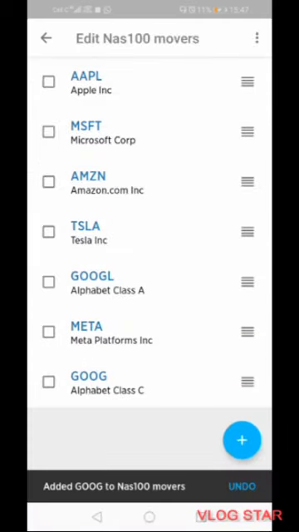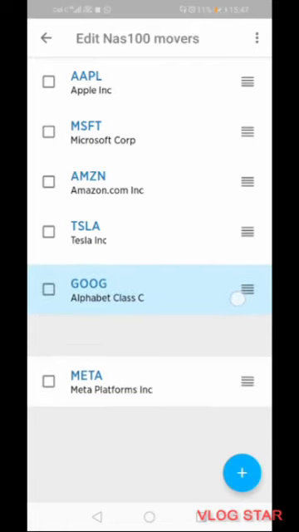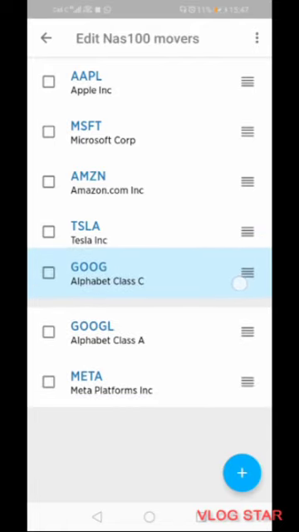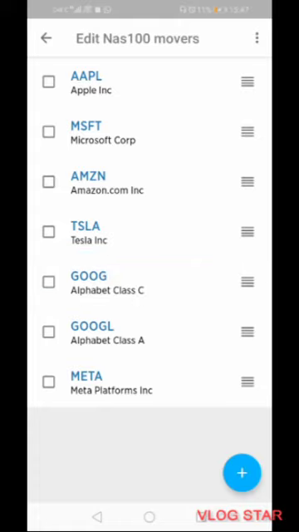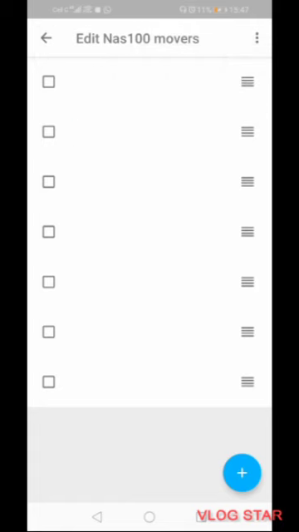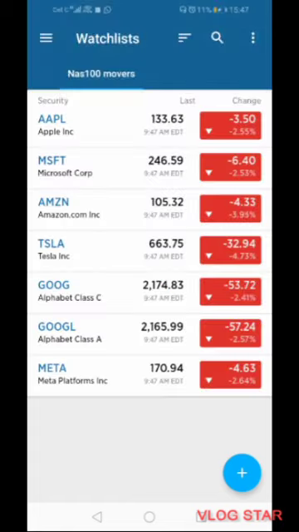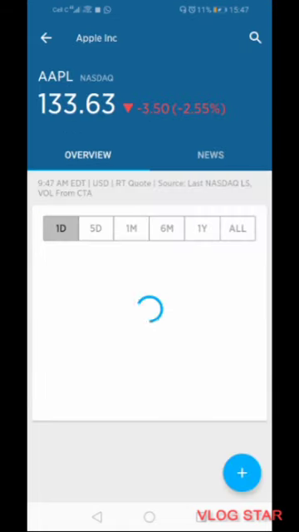Class C must be just below Tesla. There's our new list, and there's our updated list. And there you can see those are negative, so the market should be going down.